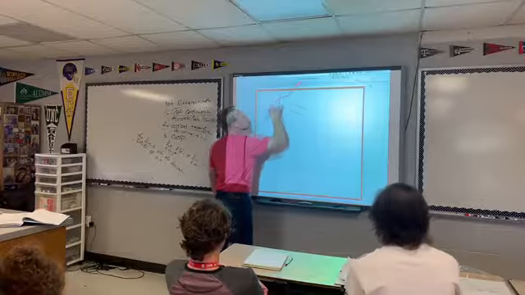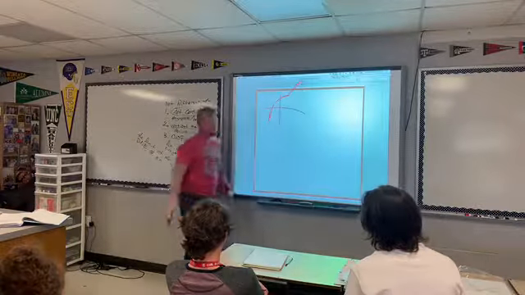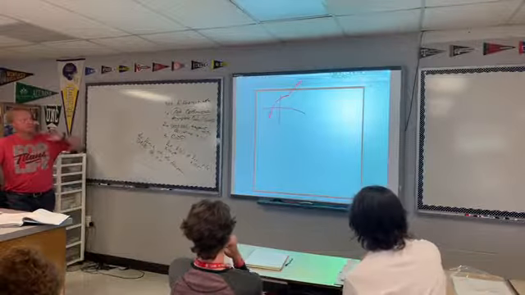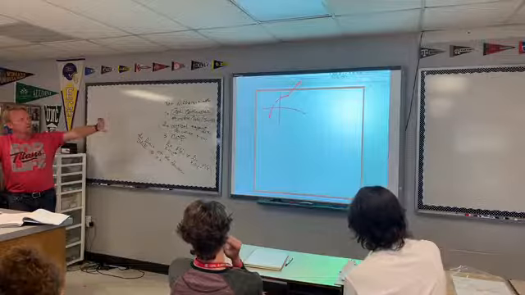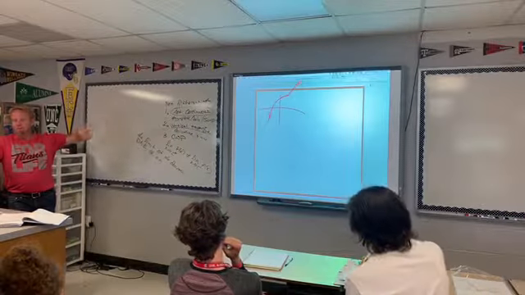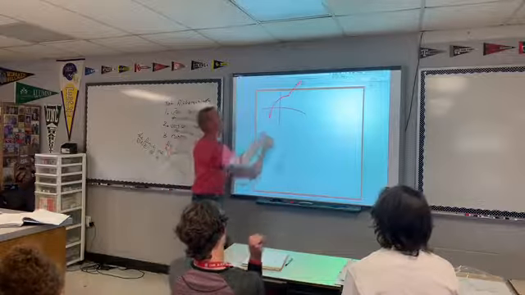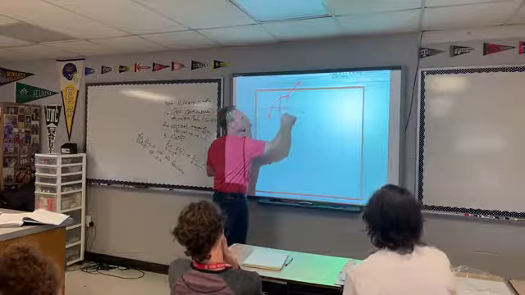So you might get a function that looks like this, and they might say, alright, is there a place where I'm not differentiable? In this case, where am I not differentiable? At the cusp. Whatever that value is right there, let's call it 2.